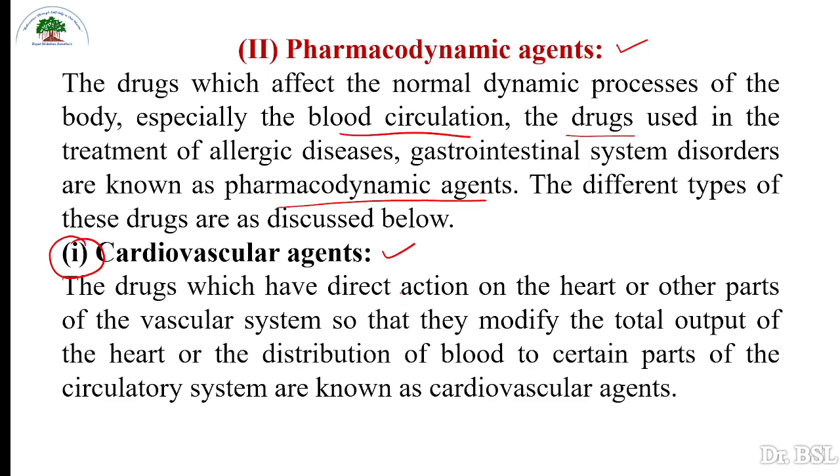The drugs which have direct action on the heart or other parts of the vascular system so that they modify the normal output of the heart or the distribution of blood to certain parts of the circulatory system are known as cardiovascular agents or cardiovascular drugs.